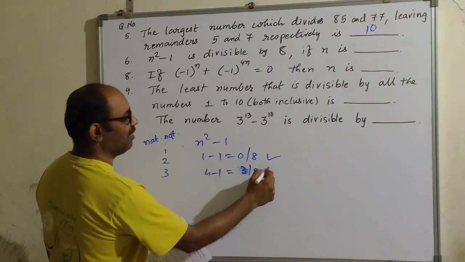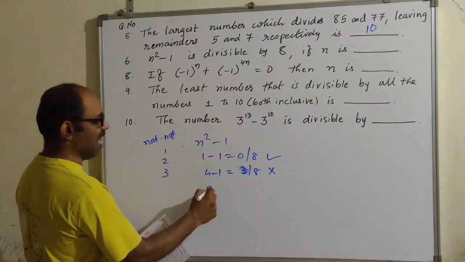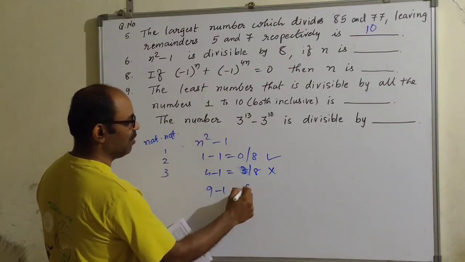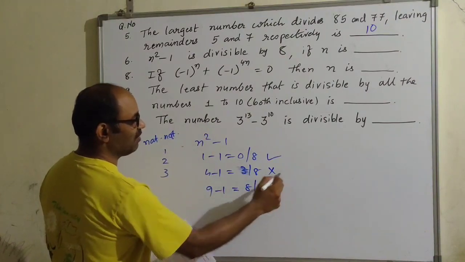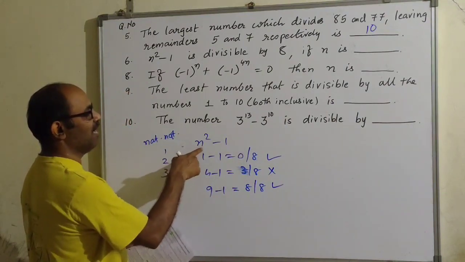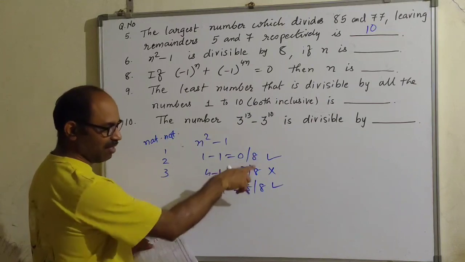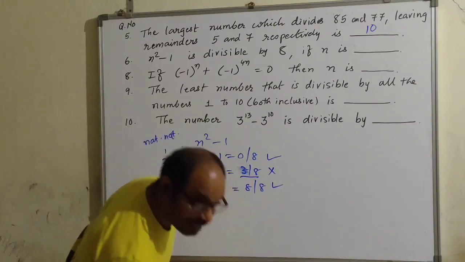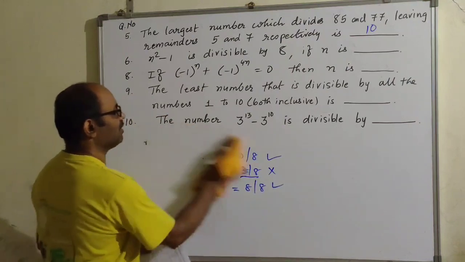Is it divisible by 8? No. 3 threes are 9. 3 square, 9 minus 1 is equal to 8. Is it divisible? But all are not divisible. For all natural numbers, n square minus 1 is not divisible. Here it's not divisible. Correct? So it cannot be natural number. Let's see next.